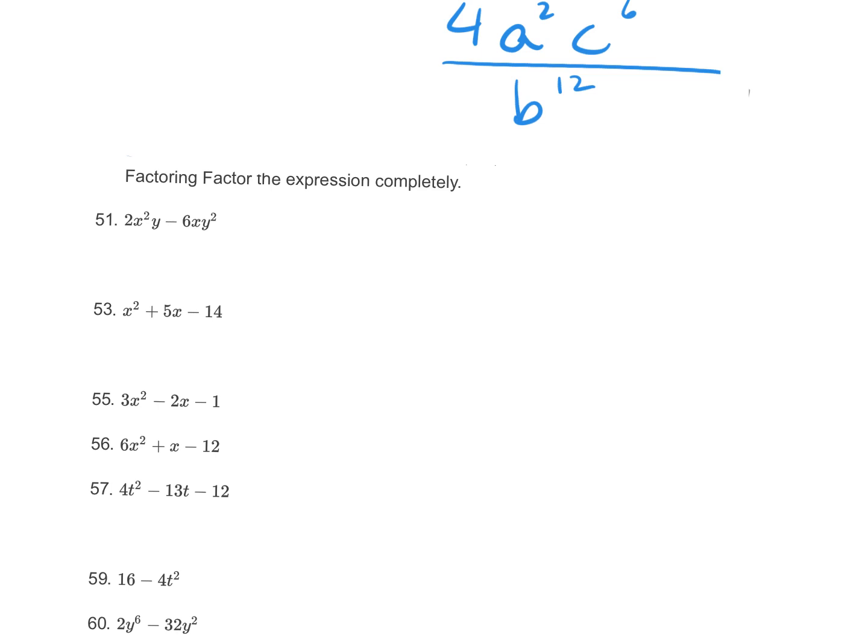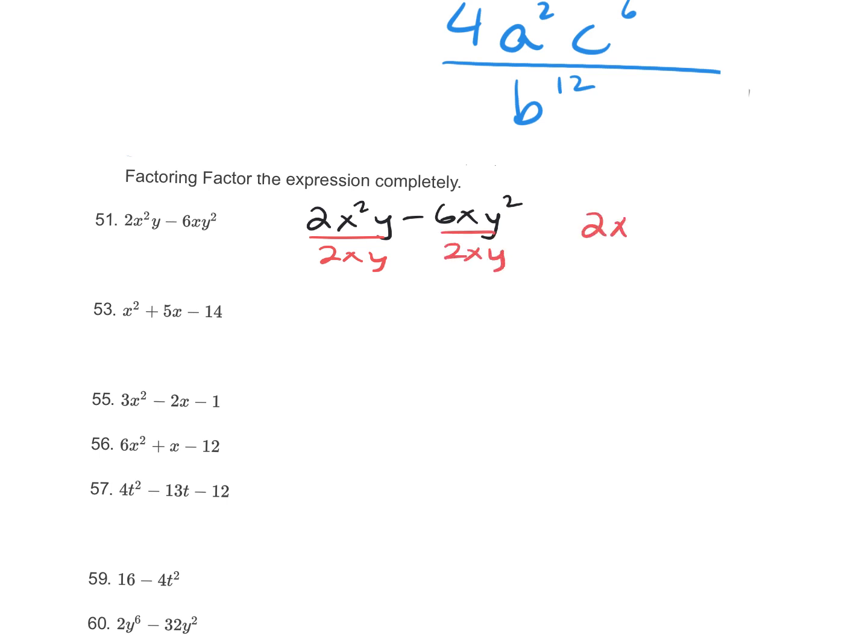Okay, so for number 51, it says to factor completely. So for 51, I can factor out a greatest common factor of 2xy. So let me go ahead and rewrite the problem. 2x squared y minus 6xy squared. I'm going to divide them by my GCF, which is going to be 2xy.